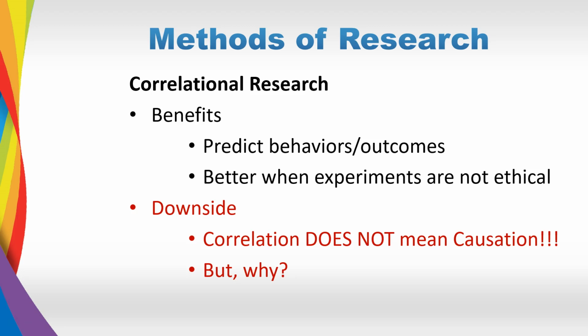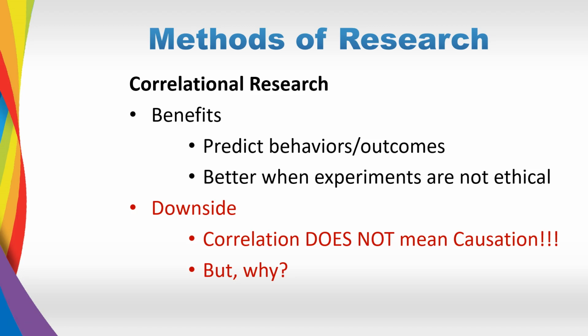So the reason this is in red is because correlation does not mean causation. Okay? Correlation does not mean cause-effect. Right? Why? There's different reasons why we cannot make the claim, even if the correlation is really high.